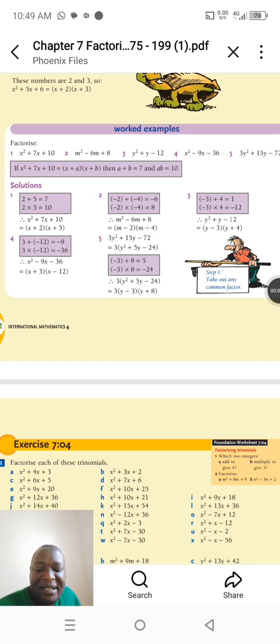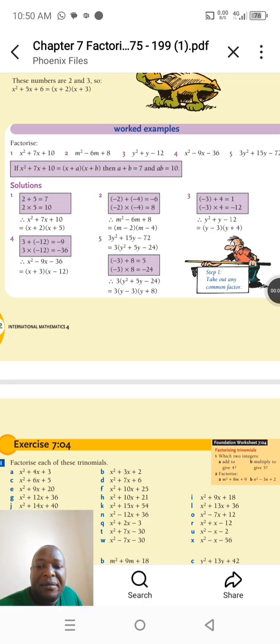It's negative 3 and 4. So negative 3 plus 4 is 1, and negative 3 times 4 is negative 12. So the factorized format of the expression is going to be y, which is the variable, minus 3, the identified number, into y plus 4, the second identified number.